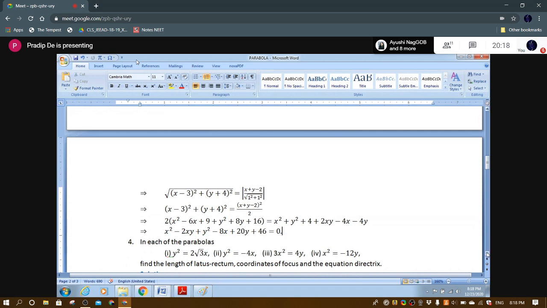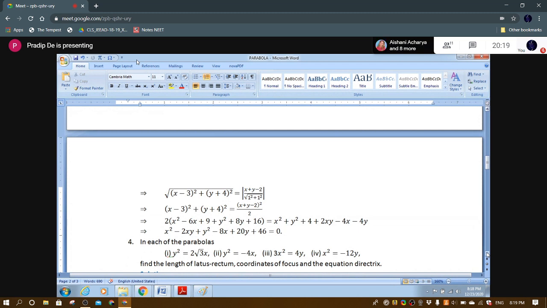Yes, sir. First one. I'll ask you, then you tell me the answer. Okay. Which type is this? Type 1, 2, 3, 4. Which type is this? Type 1. Type 1. Where is the vertex? 0,0. What is the value of 4a? 2 root 3.